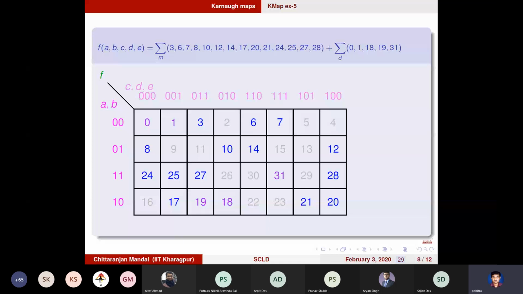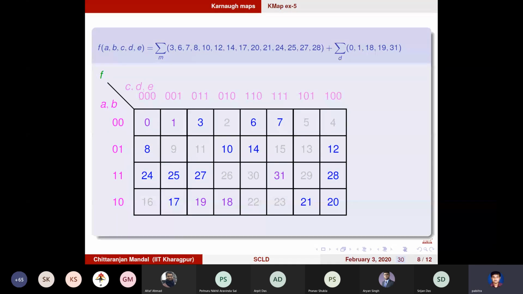So for those input combinations, either they will not happen, or you are not bothered about the correctness of the output. You don't know what the correct output is. Those combinations of input are called don't care combinations.